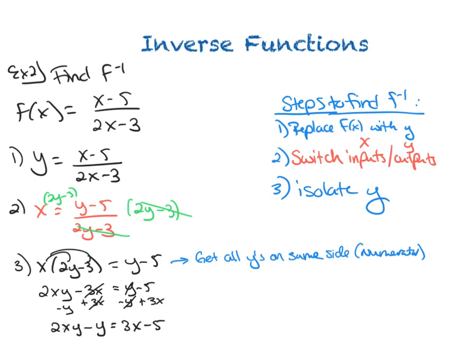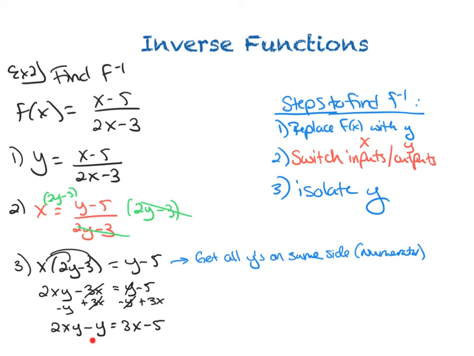Okay, so we've achieved our intermediate goal of getting all of the y terms on the same side. 2xy minus y are on the same side, and everybody without a y is on the other side. Here's the beautiful thing about having all of the terms with y's on one side.